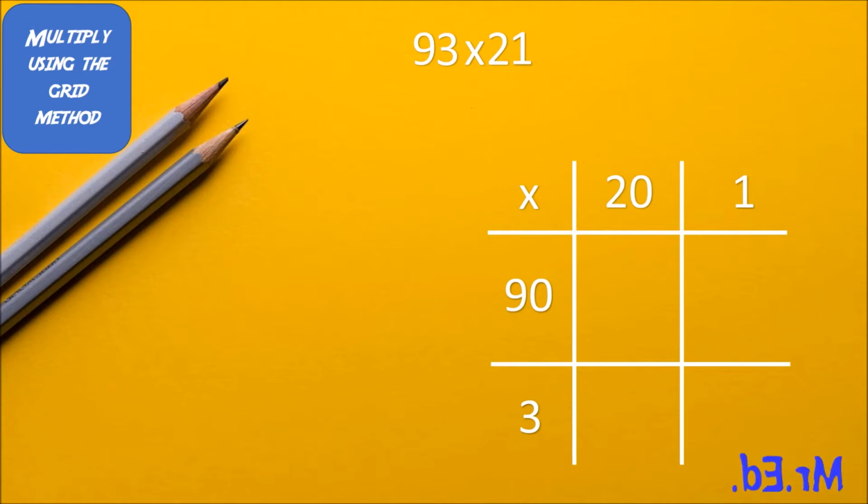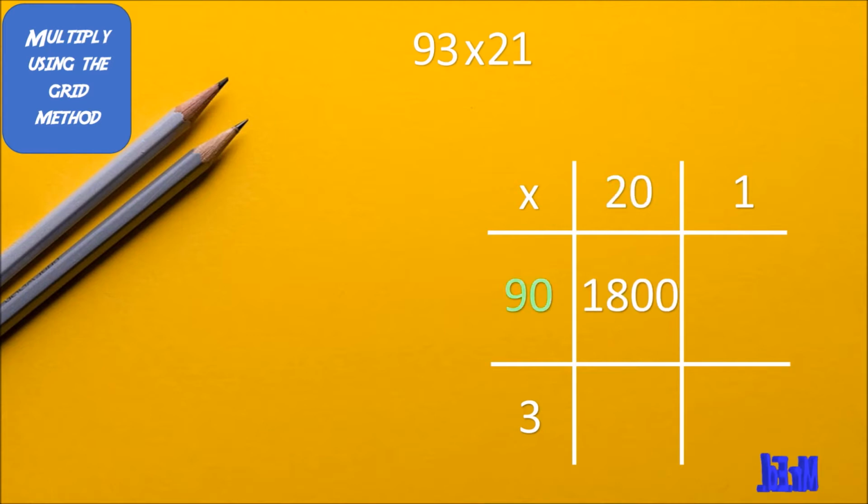So let's break that down. I know that 9 times 2 is 18 times 10 is 180. So 180 times 10 is 1,800. I write that answer into my grid.